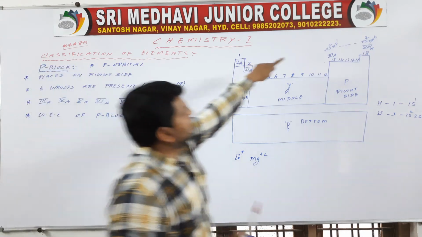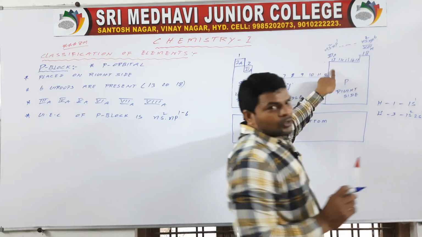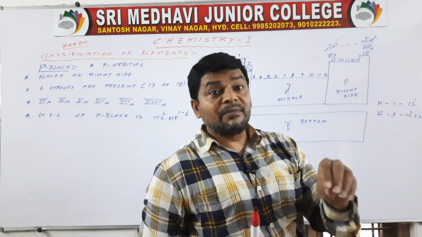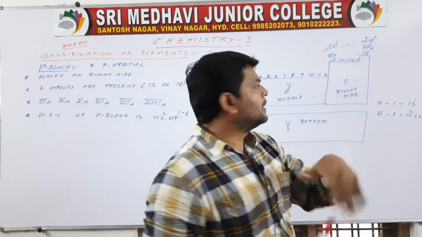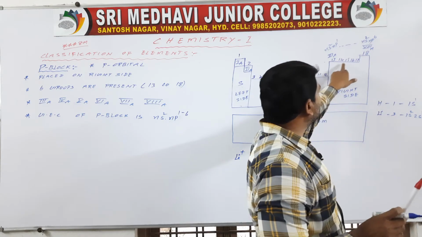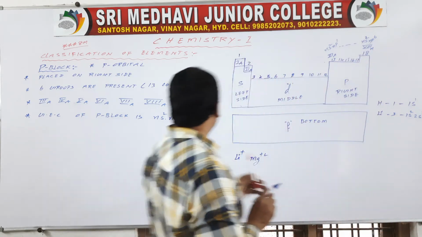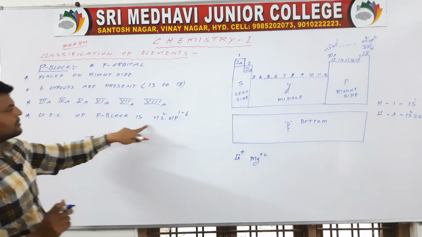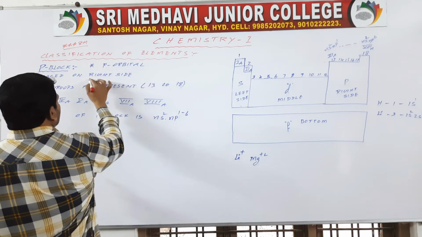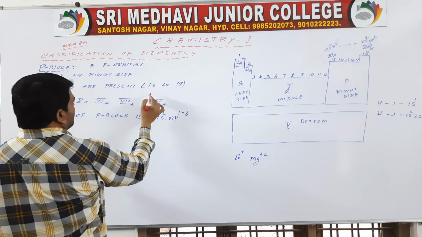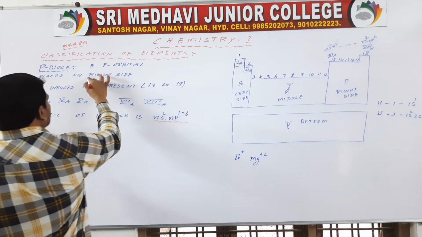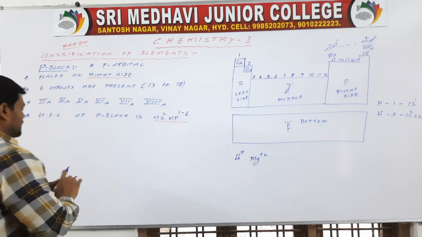The number of electrons present in the p subshell indicates the group number. ns2 np1 to ns2 np6. Total how many? 1, 2, 3, 4, 5, 6 groups are present. So the general electronic configuration of p block is ns2 np1 to 6. It is the p orbital and it is on the right side.